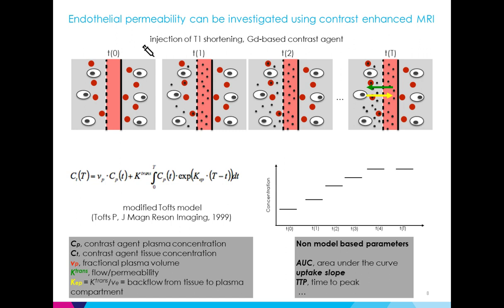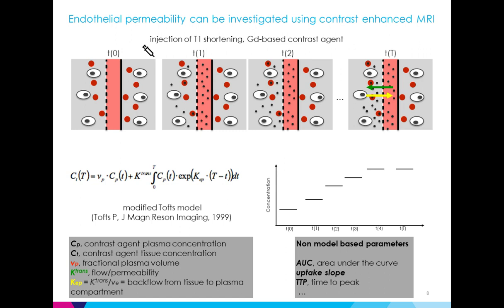So if you recall, I briefly mentioned that many applications for vessel wall imaging use black blood techniques that willingly suppress the signal from the blood plasma during acquisition so that we can better see the vessel wall.